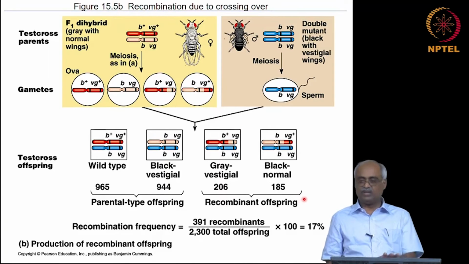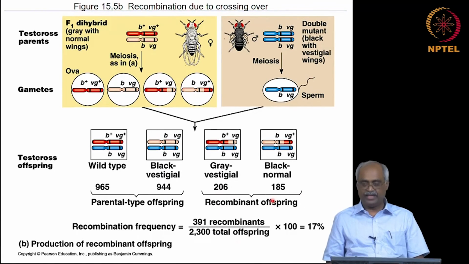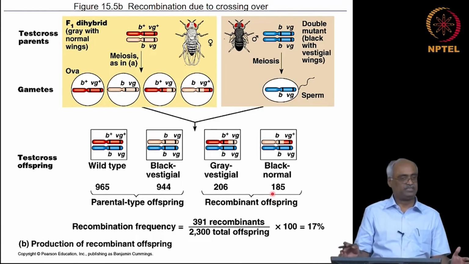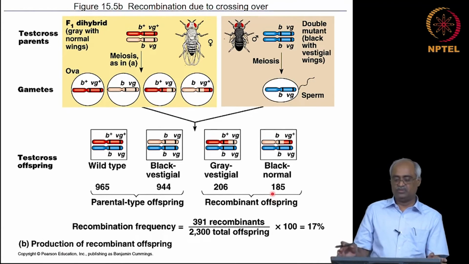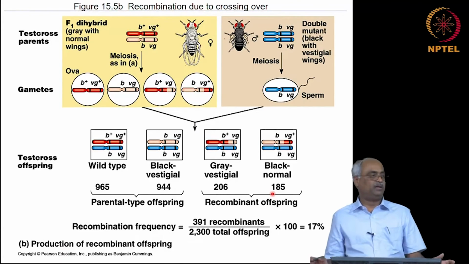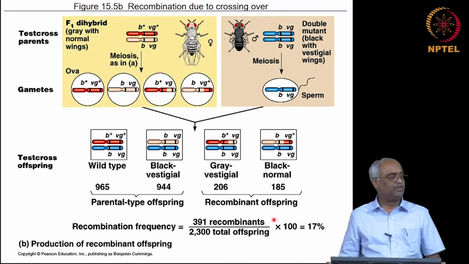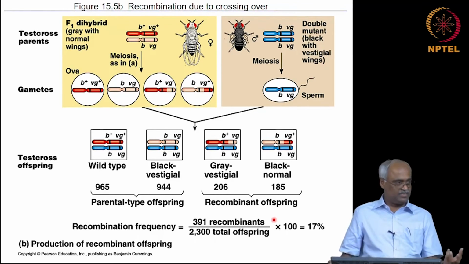So, in this particular example you can determine the recombination frequency by calculating among the test cross progeny. You total the progeny you got, which is 2300, and then you look at how many are recombinants, that is, a black body with a normal wing or a grey body with vestigial wing.